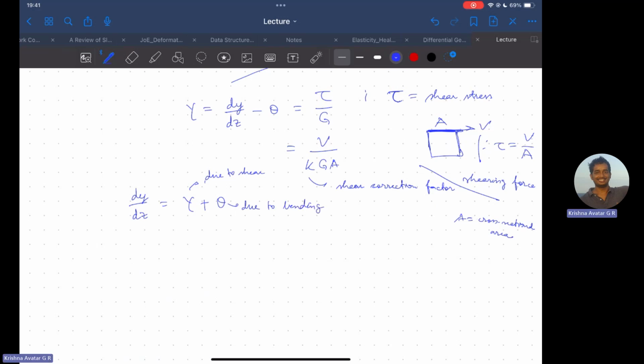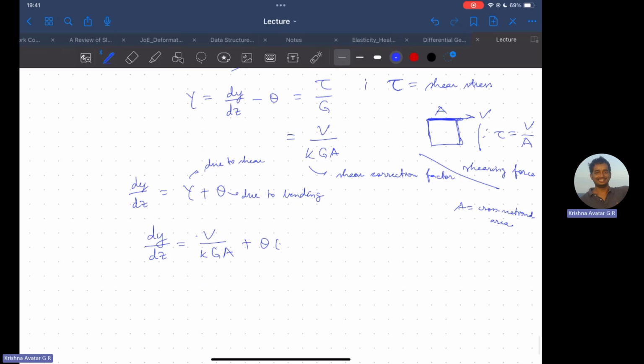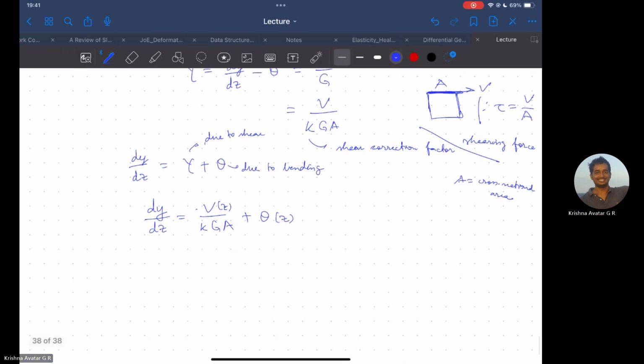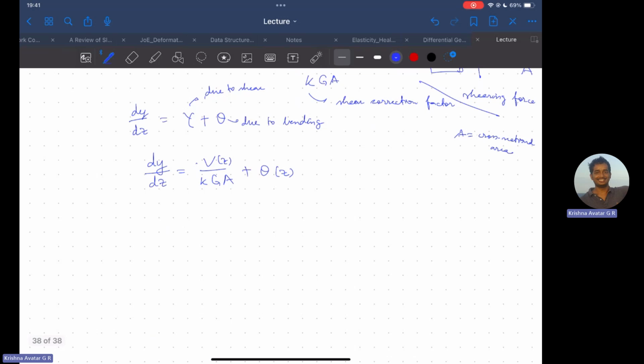So with this, we have two sets of equations. dy by dz is equal to gamma plus theta, which we already have, and gamma is nothing but V divided by KGA, plus theta of z. And then we have EI. Now we are looking at how much the cross section is deforming, so d theta by dx.